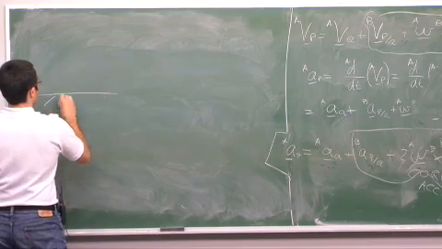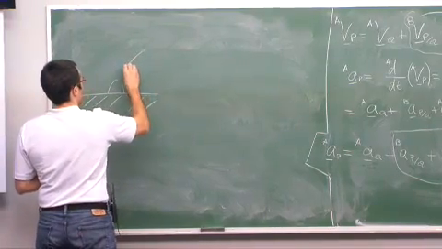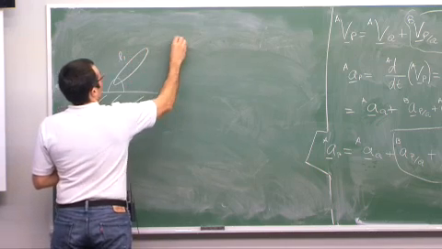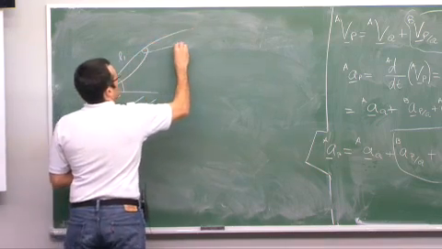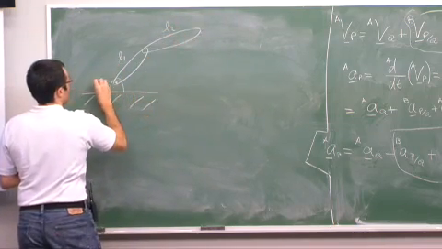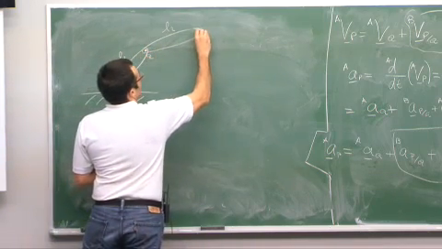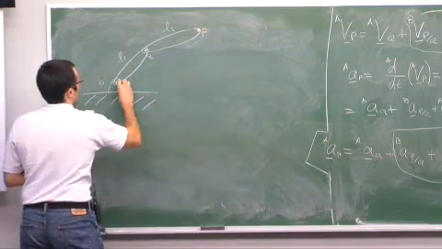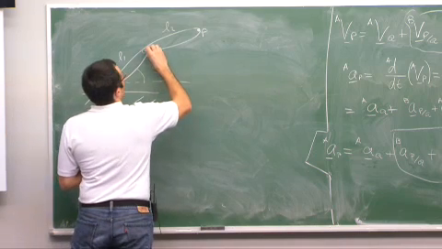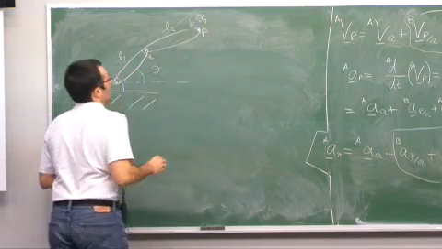It should be something like this, where we have two uniform slender rods of length, I don't know, L1 and L2. This is point O, this is point Q, and this is point P. Call this angle theta 1, and this other angle theta 2. Again, I'm drawing by memory here.